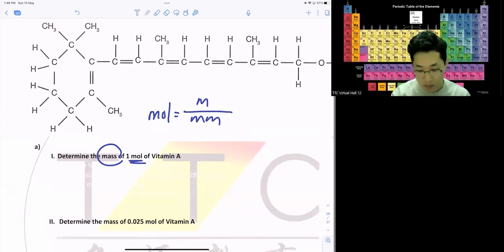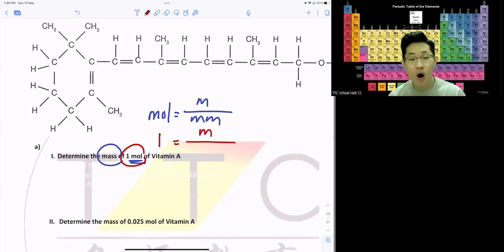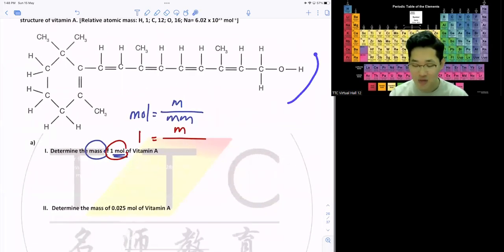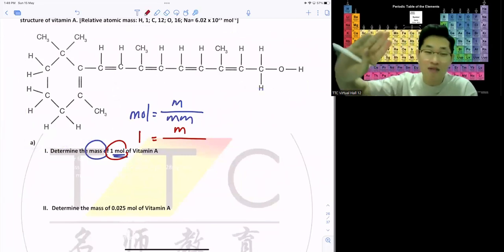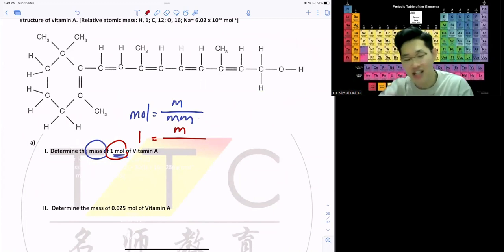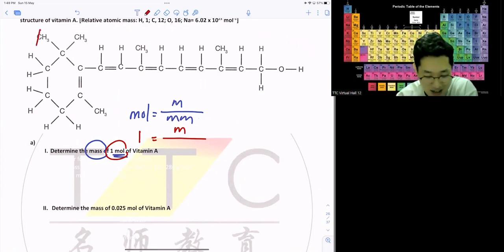Same thing like just now. Mole is 1. They want me to find mass, so I leave it as unknown, divided by molar mass. Yes, we have to count. You all help me count H, I count C. Then we can combine our answer together.